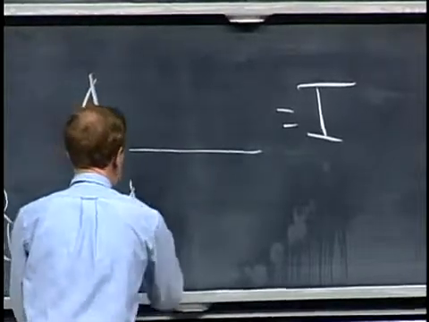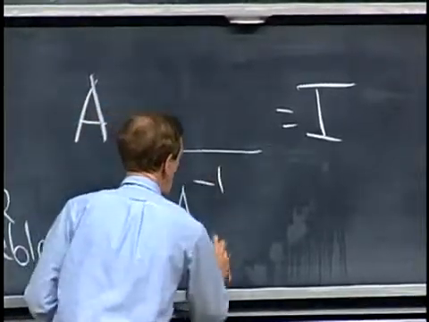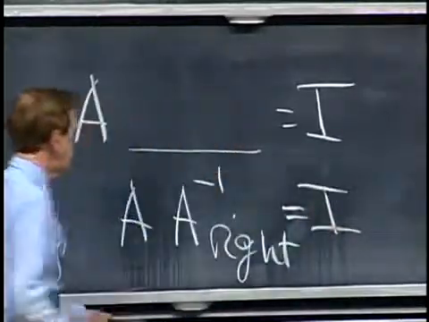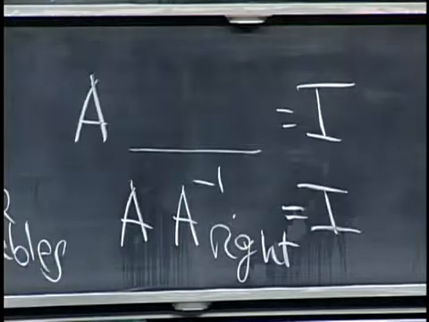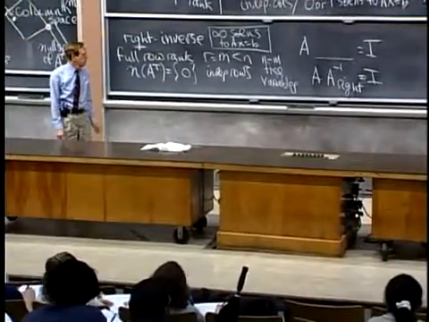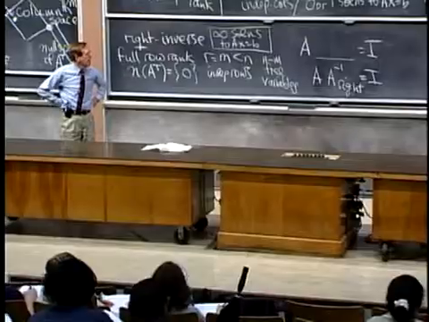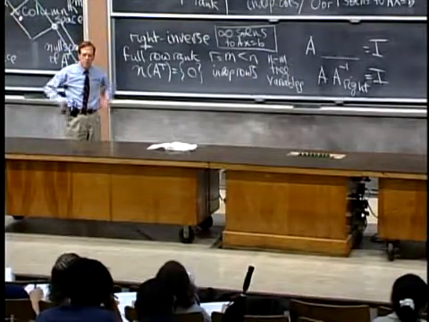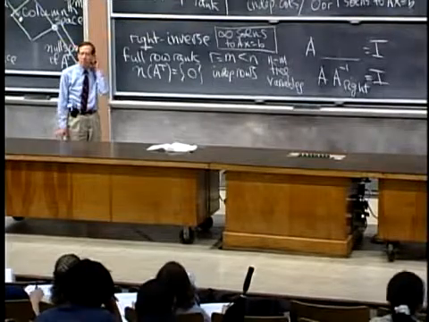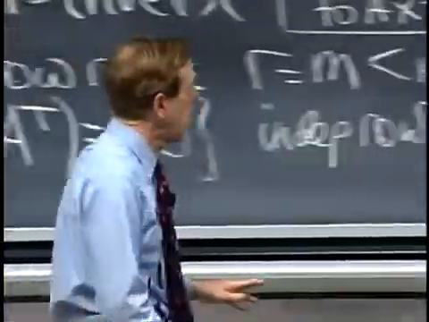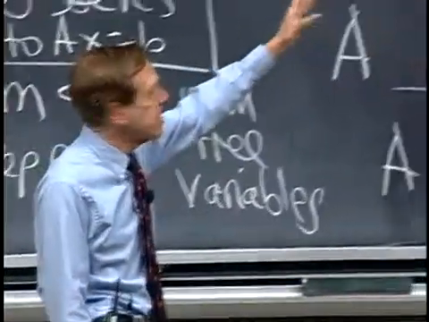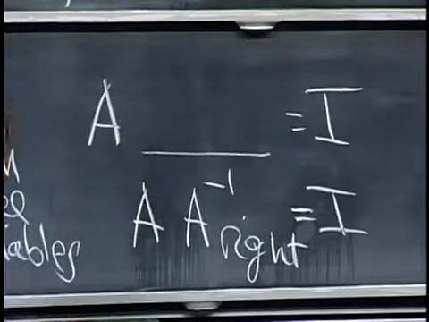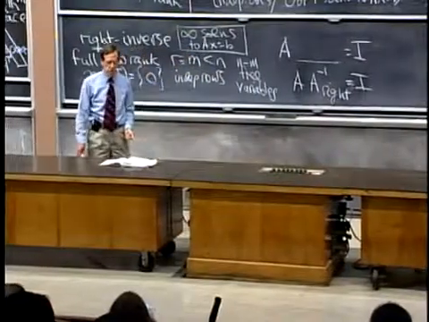So it'll be A times A inverse on the right will be I. Just by comparing with what we had up there, what will be the right inverse? There are other right inverses, but tell me our favorite here. What's the nice right inverse?